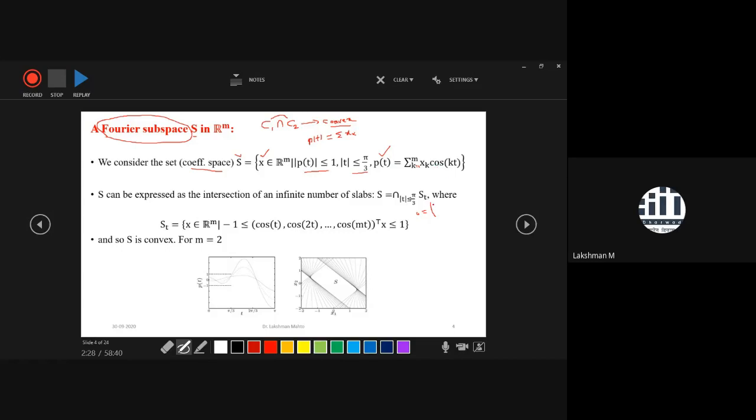So a very simple case is this one. Here you take the normal direction as cos t, cos 2t, and it will go on up to cos mt. You consider this as the normal direction for the Fourier subspace.